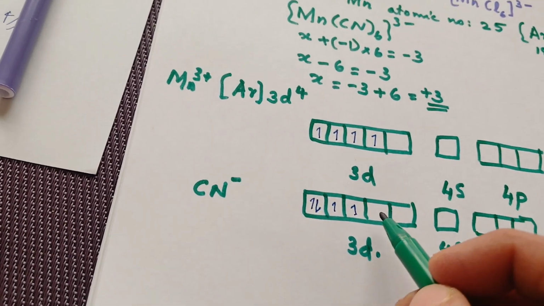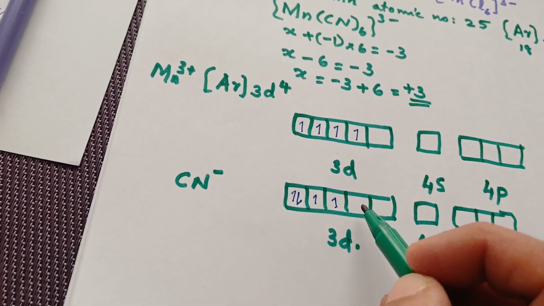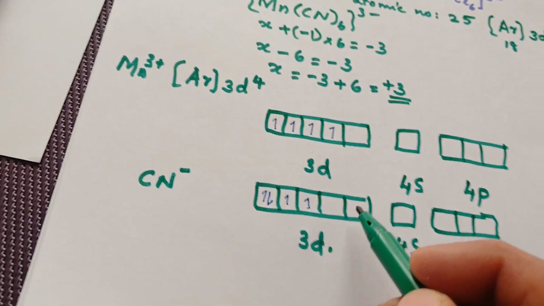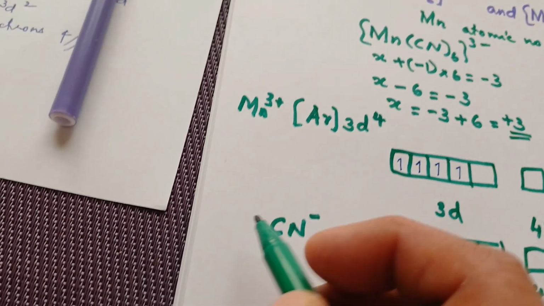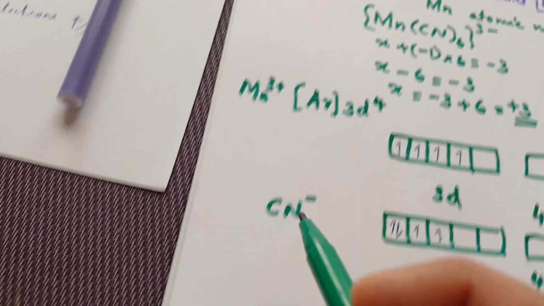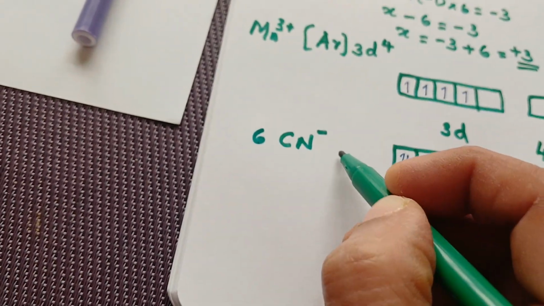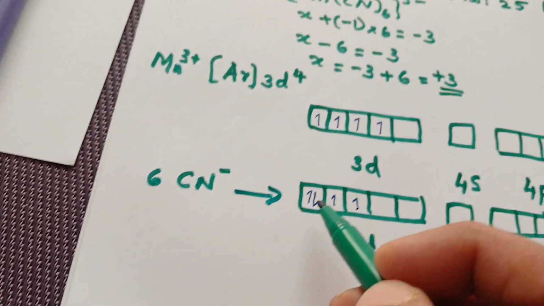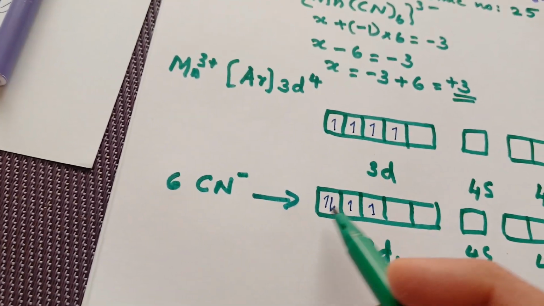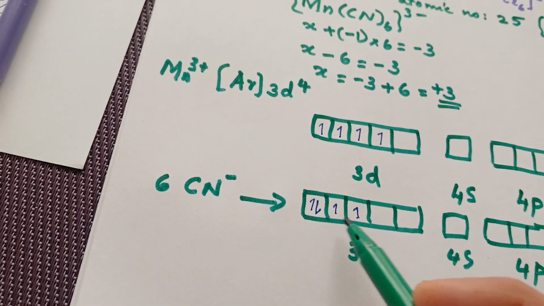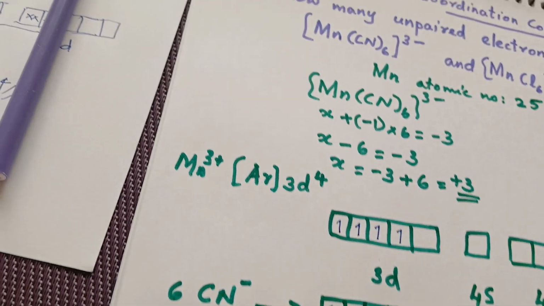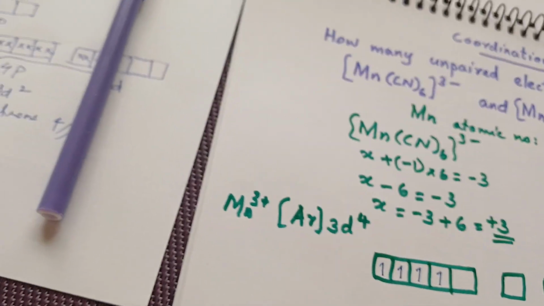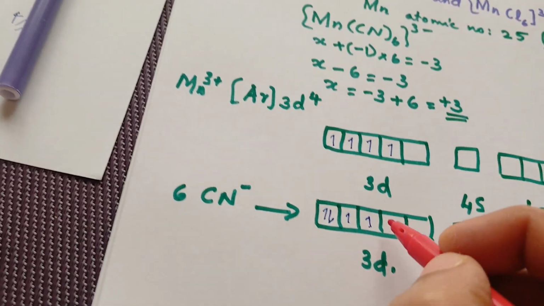So the cyanide ligands can occupy these positions. How many cyanide ligands are there? 6 of them. So 6 cyanide ligands are approaching, 2 electrons got paired up and there are 2 unpaired electrons left here. So the cyanide ligands will come in here.